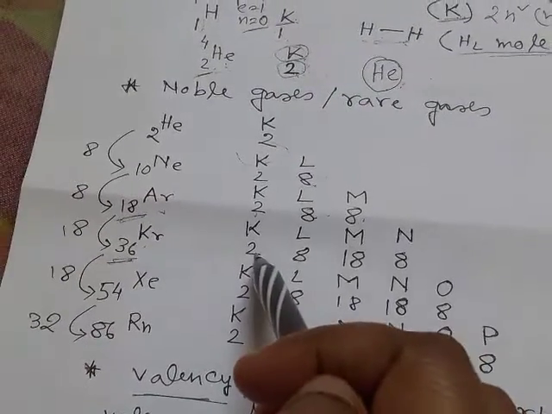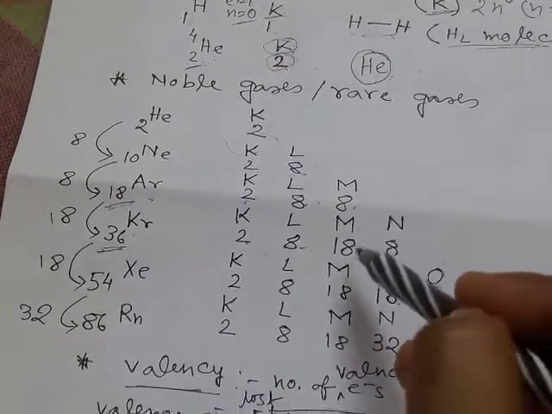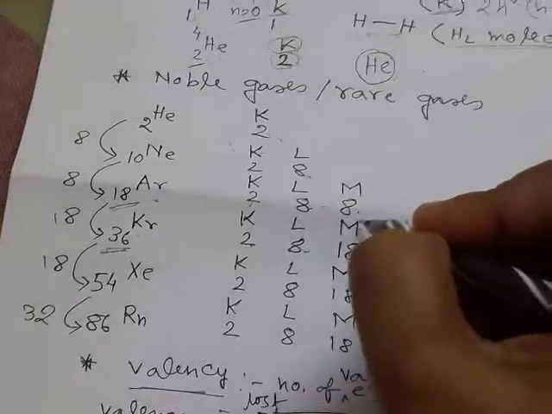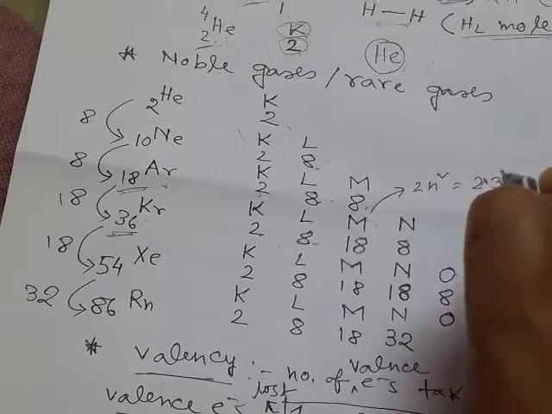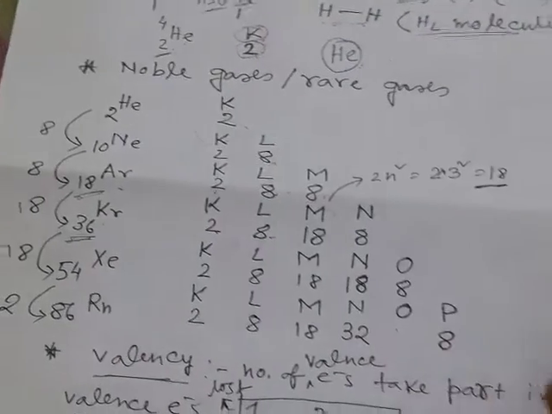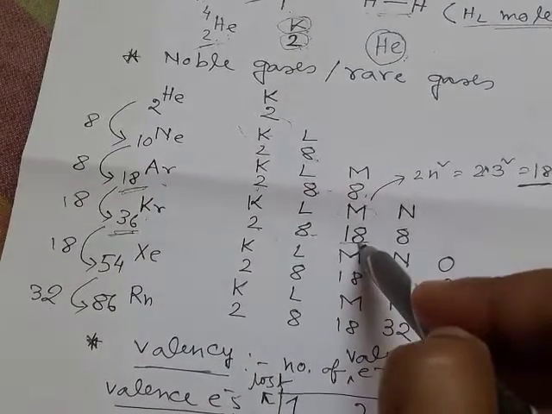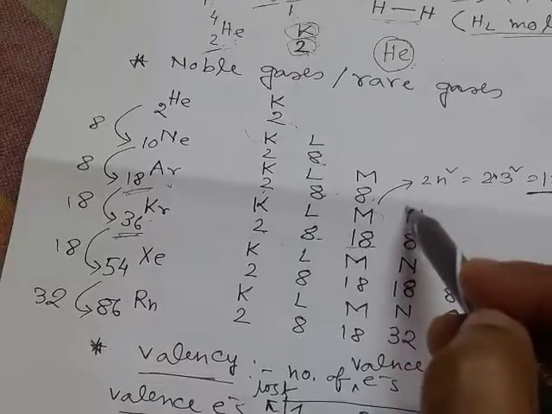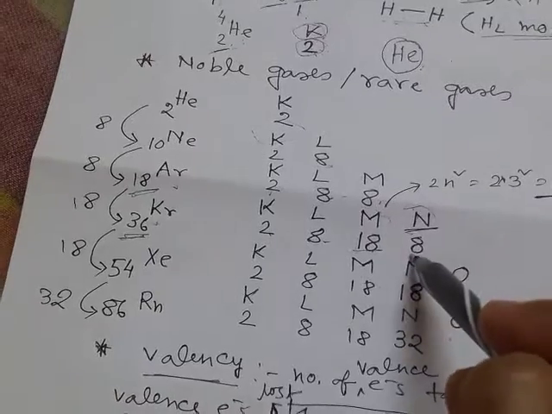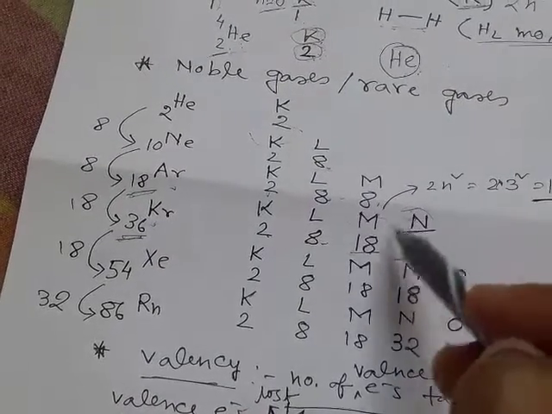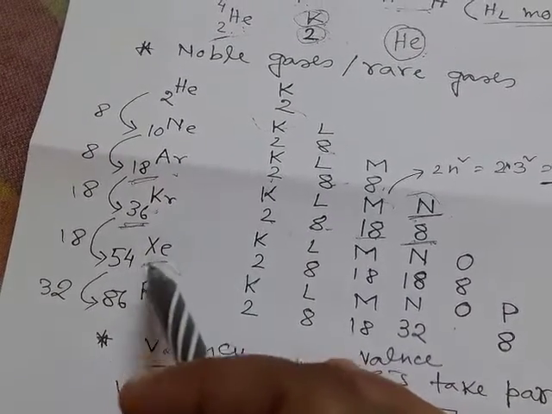So there will be 2 electrons in K shell, 8 electrons in L shell, and for M, as n is equal to 3, 2n square is equal to 2 into 3 square, that means 18. So maximum 18 electrons can be present in M shell, so there will be 18 electrons and the remaining 8 electrons will be present in the N shell. So for krypton, N is the valence shell and there are 8 electrons present, so according to the octet rule this is a stable configuration. Next rare gas is xenon.